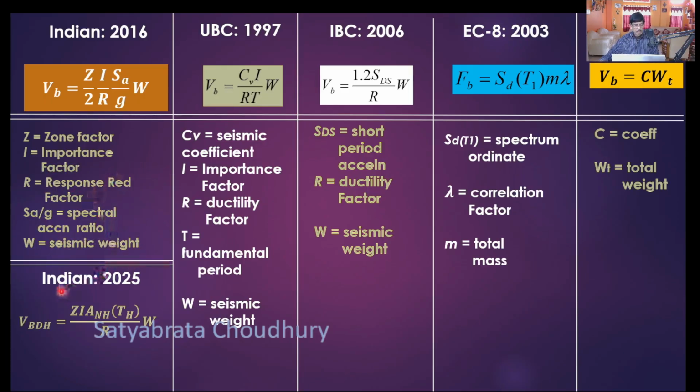In the new code IS 2025, it is changed to this format: Z I Ah(T) W over R. Ah(T) is nothing but the spectral acceleration in the horizontal direction, and the response reduction factor remains as earlier. Only the 2 in Z by 2 has been removed because Z has been categorized in such a way that the design basis earthquake level need not be divided by 2. So other codes you can see.